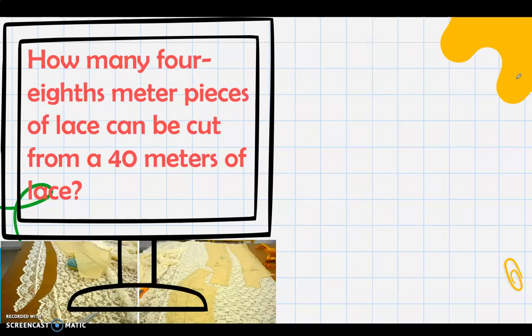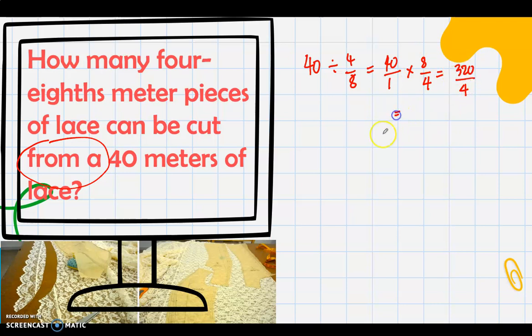Next, how many 4/8 meter pieces of lace can be cut from 40 meters of lace? Again, it's almost the same pattern as the first problem, with the word from. So 40 meters is the total. You divide it by 4/8. If it's a whole number, you just put 1 as the denominator, then get the reciprocal of the divisor, which becomes 8/4. So you multiply 40 times 8, that is 320, over 4.